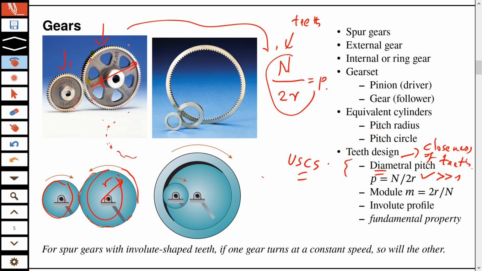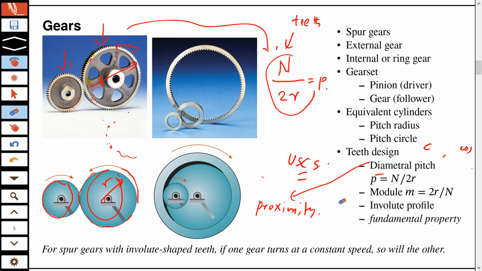So in a small spacing, you will have more teeth. In other words, the teeth are closer. So you can think of the diametral pitch as a measure of proximity. Now this is in the US customary system.